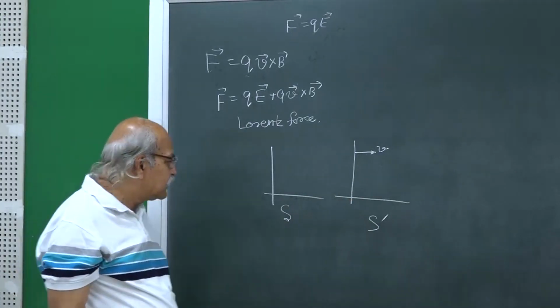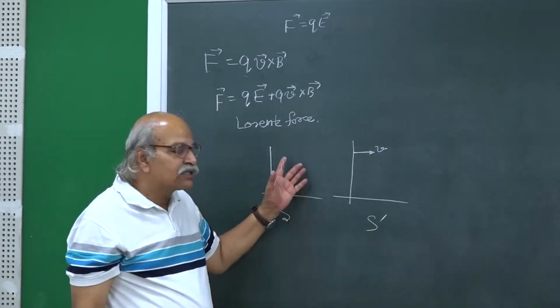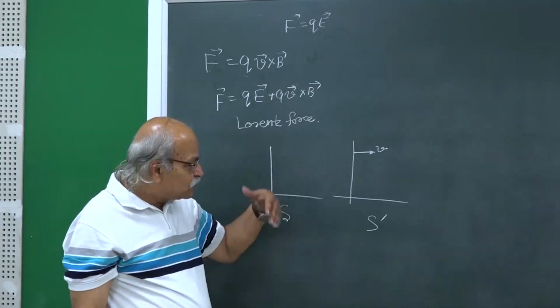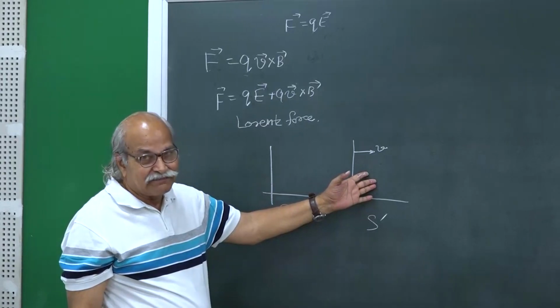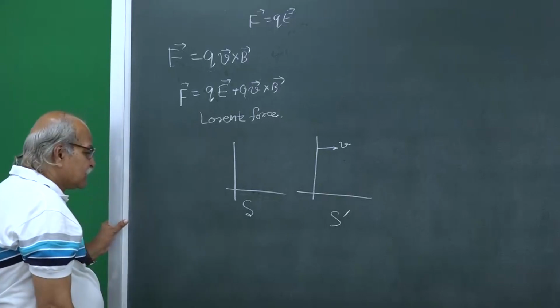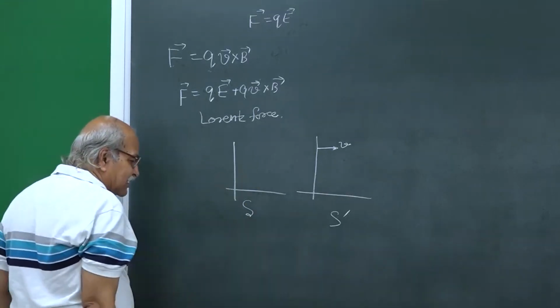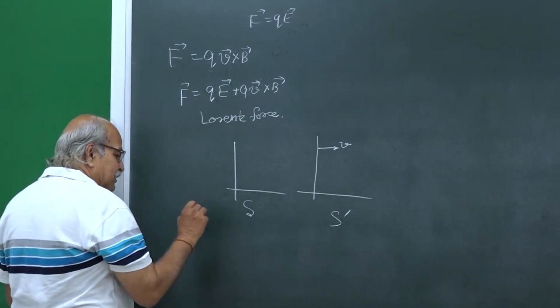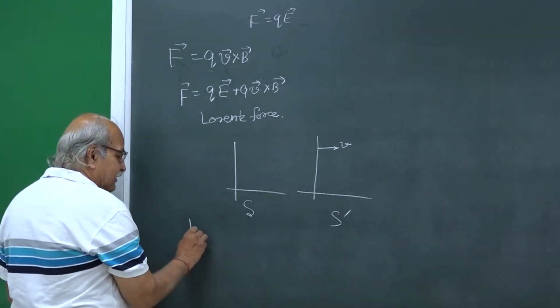So, the special theory of relativity relates quantities in this frame and the same quantities as observed from the other frame. That is the special theory of relativity task, and there are several equations. I had given a full course on it, but the thing that we will be using here is called length contraction.